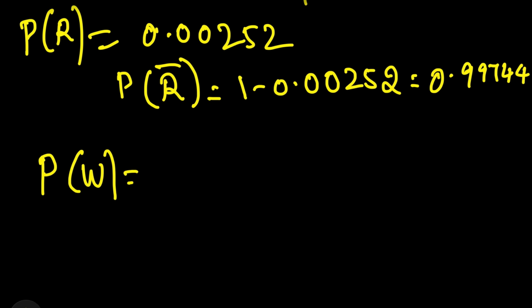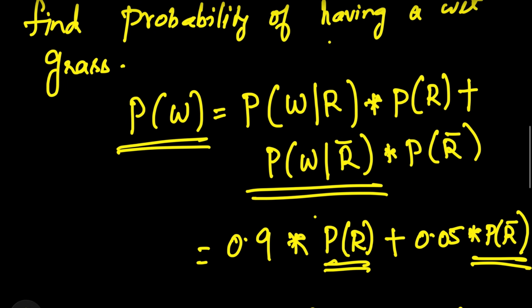So let me substitute the values here. Probability of wet grass is nothing but we have here, right?